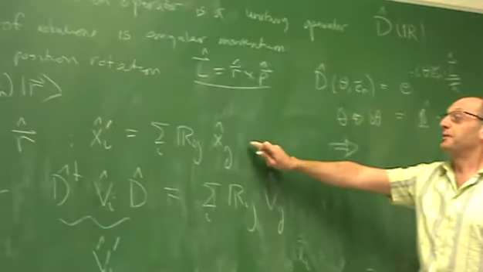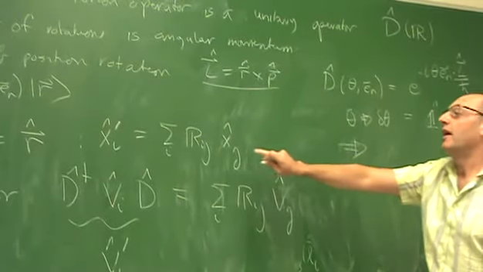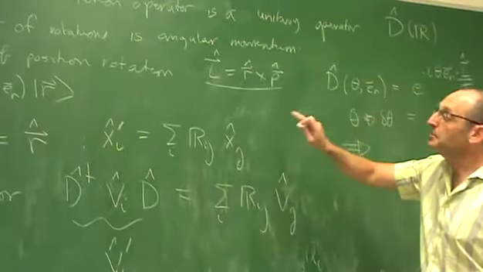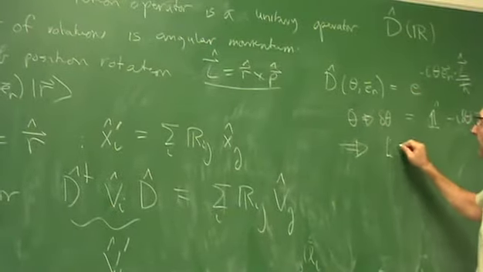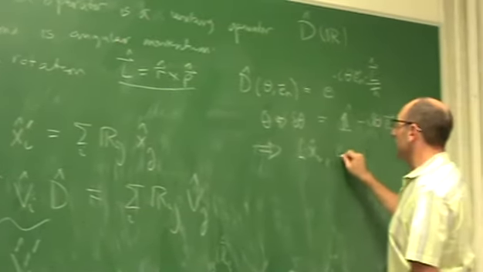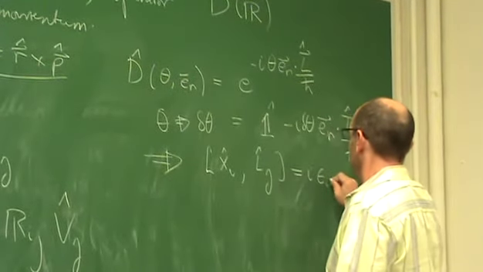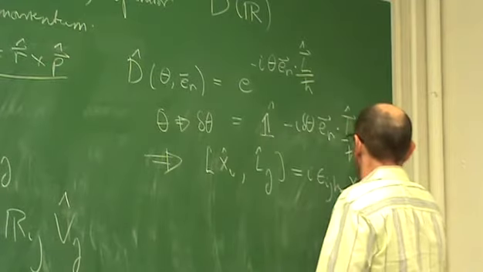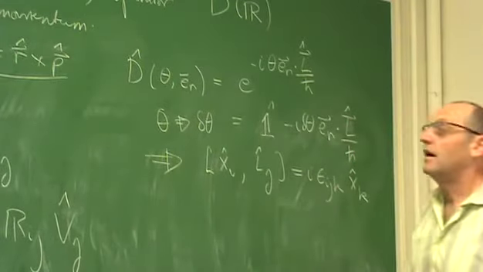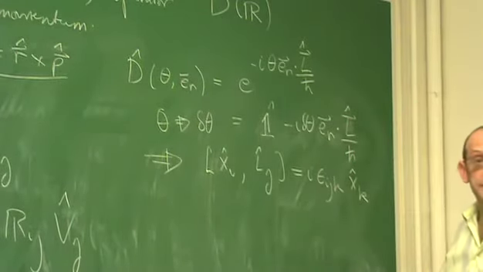For example, position transforms according to this relation because it satisfies the commutation relations.